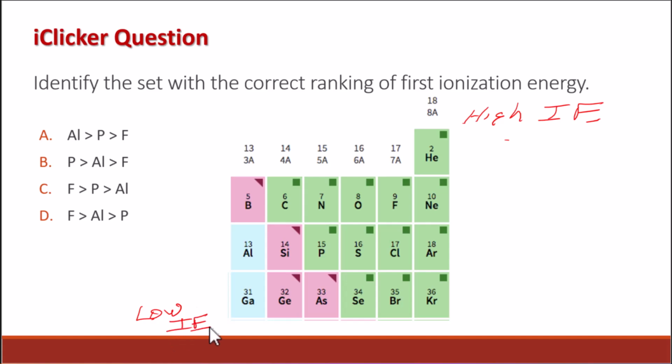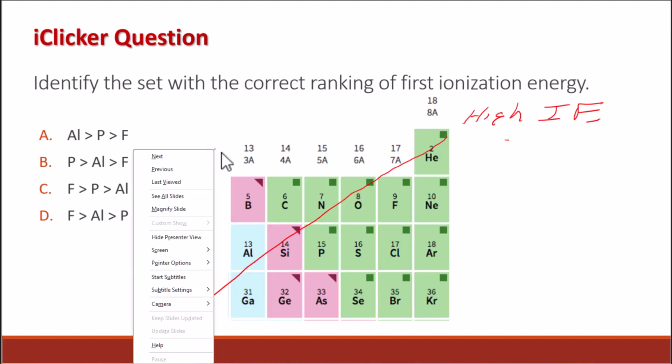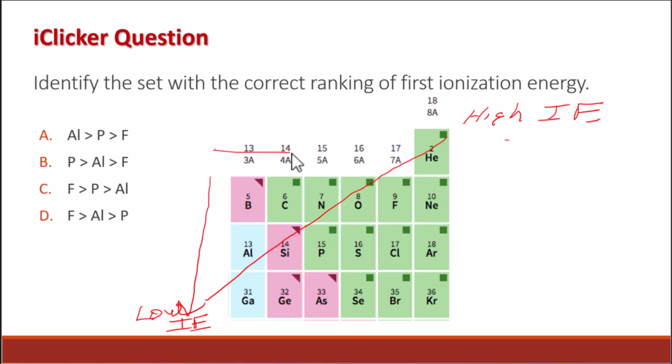As I said, we're just going to use our trends. So in general, ionization energy runs like that. This is lower ionization energy, this is higher.